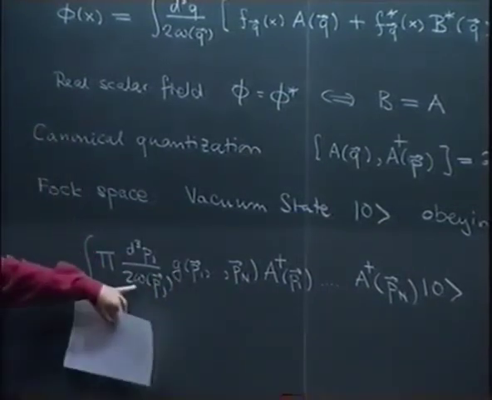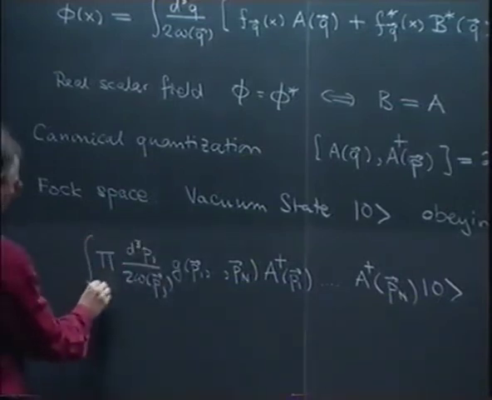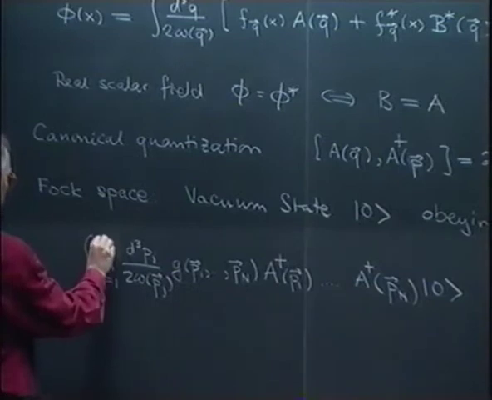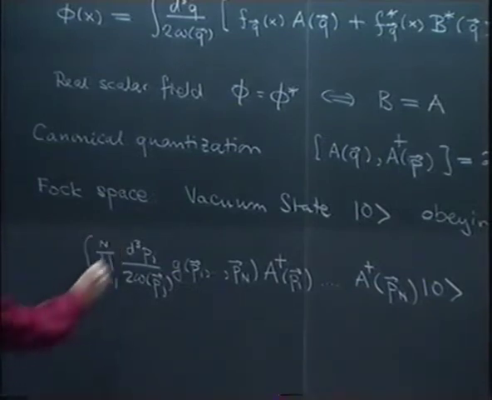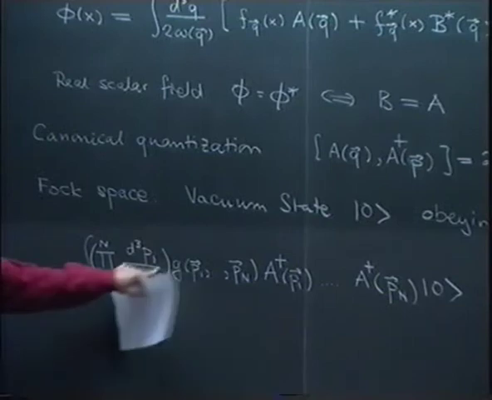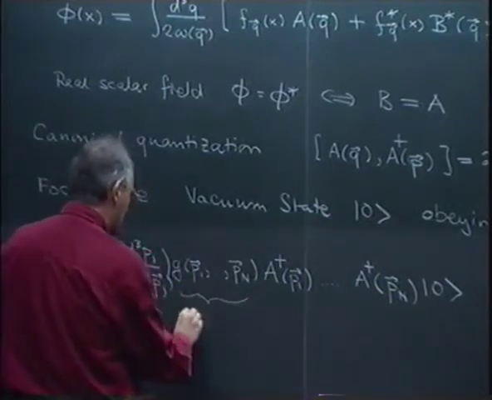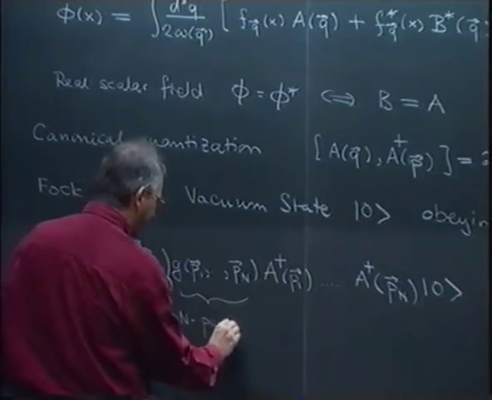I always include this factor so as to keep the volume element Lorentz invariant. So this is the volume element here. So that's an n-particle state that's characterized by some kind of wave function here. Think of this as an n-particle wave function.